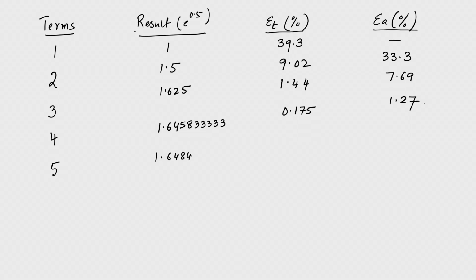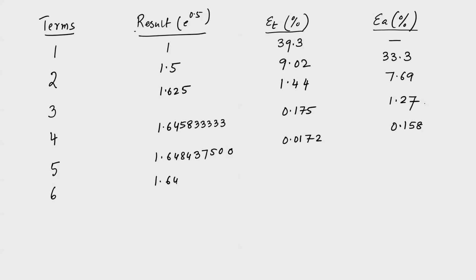1.6484 37500, and one gets it as 0.0172, and one gets less than 1% error, which is 0.158. We still are above that 0.05%, but maybe one more step could take care of it, and it does.